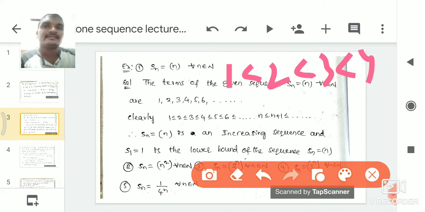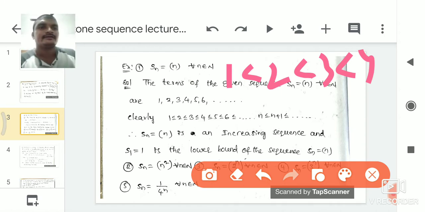Every strictly increasing sequence is an increasing sequence, but every increasing sequence need not be a strictly increasing sequence.